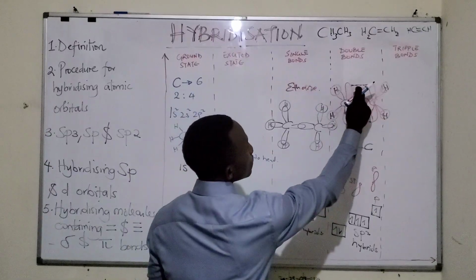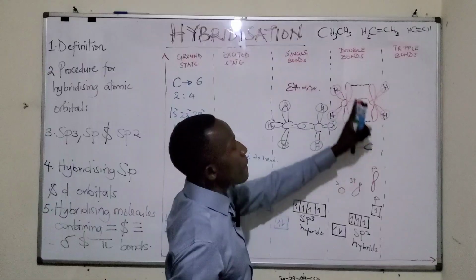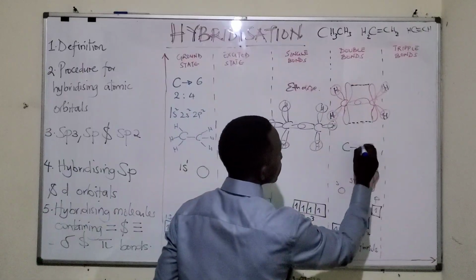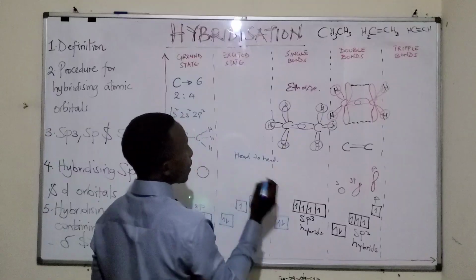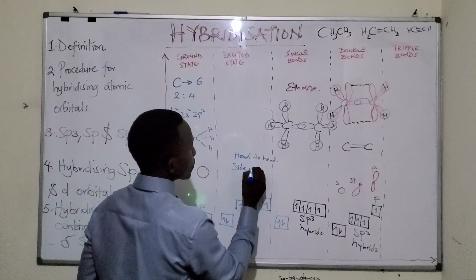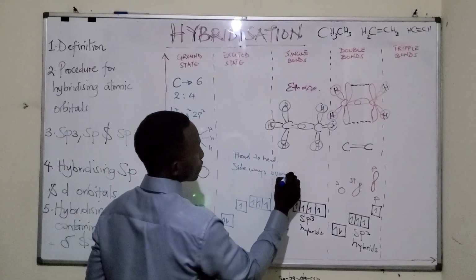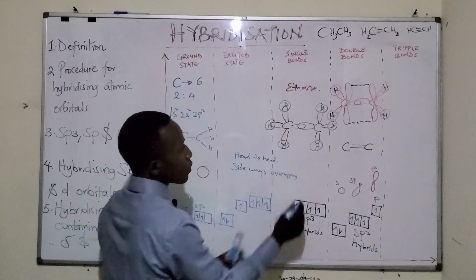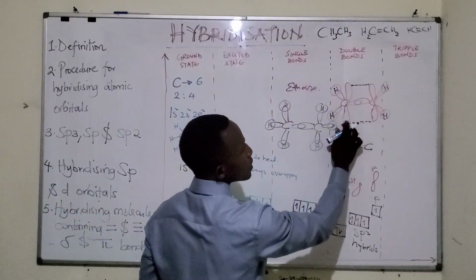Then we have the pi bond, though it is shown like this, it is formed by sideways overlapping of the unhybridized electrons.